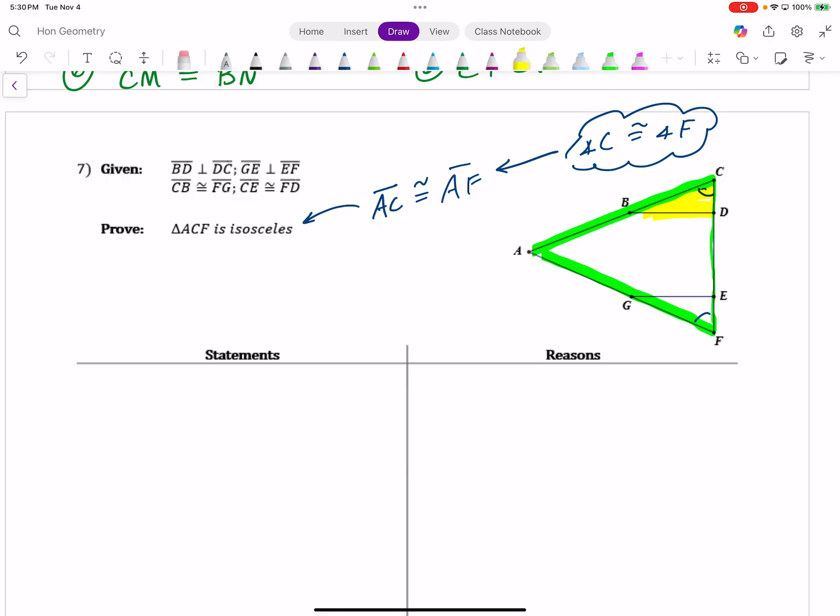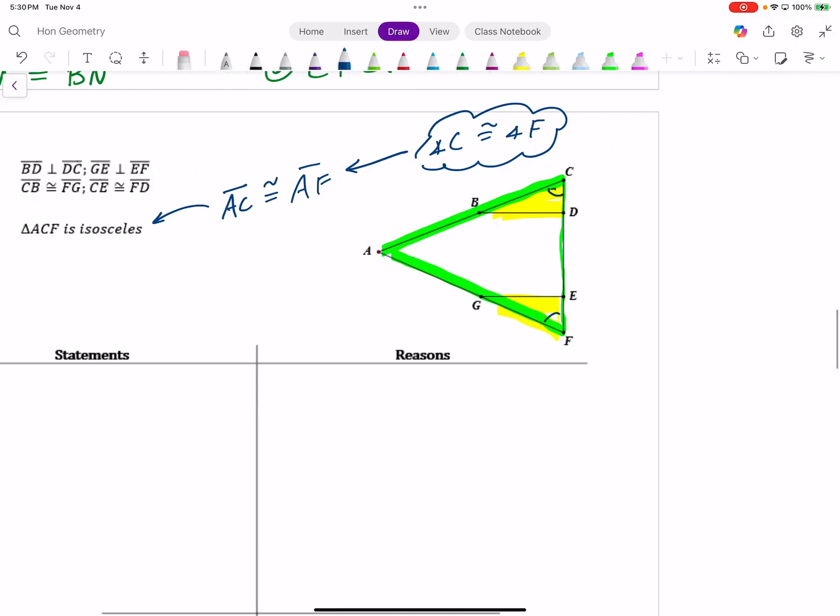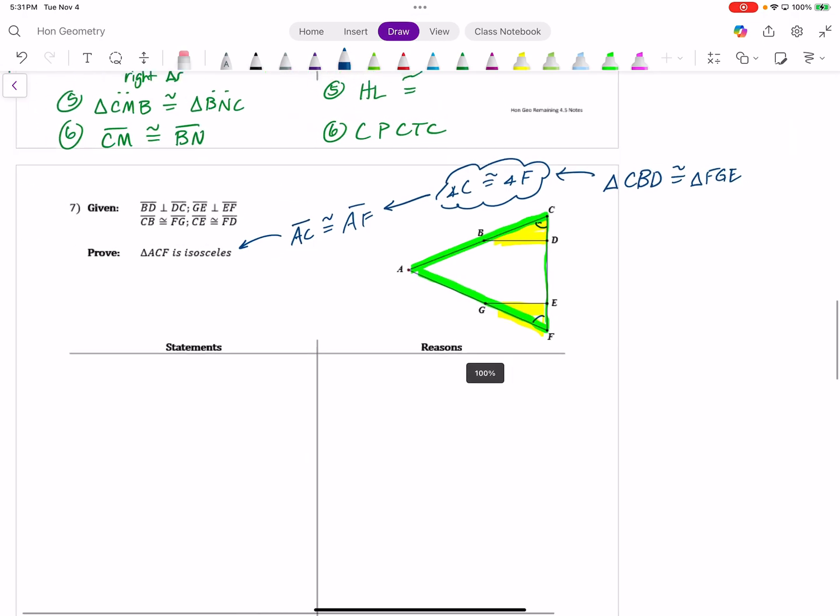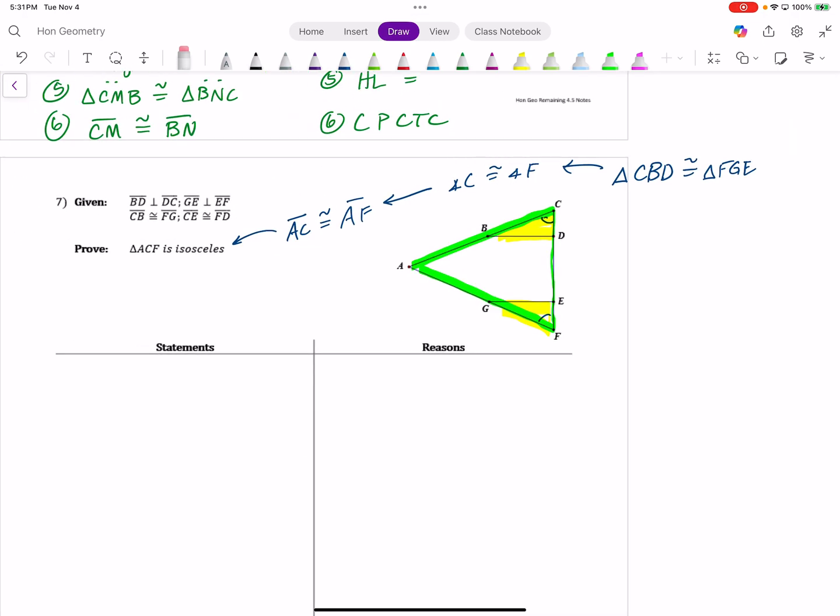Now we've got a triangle here and a triangle here. So if I can just prove that that little CBD triangle is congruent to FGE, I think I'll have it, because then I'll have corresponding parts. Okay, so new goal. I'm trying to prove this, and then that'll lead us to all the rest.